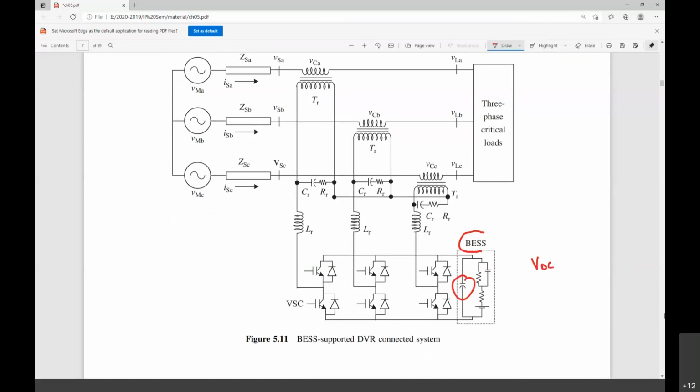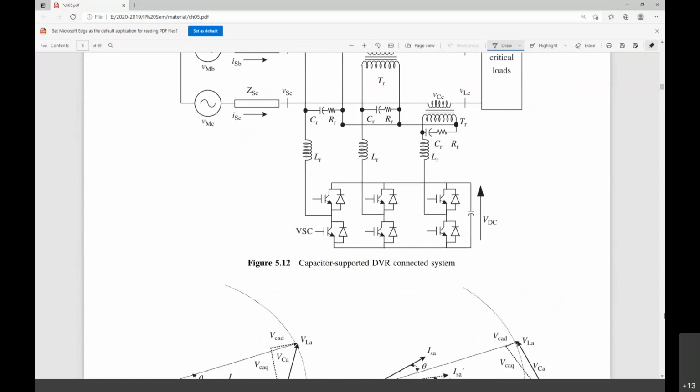This capacitor should have the minimum DC link voltage. That means that the battery should not dry out also. It has to have the continuous charging which is required by an external supply also. This also can be used for the battery energy storage supported DVR.